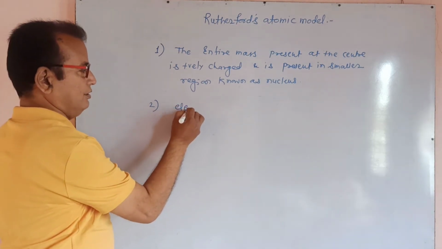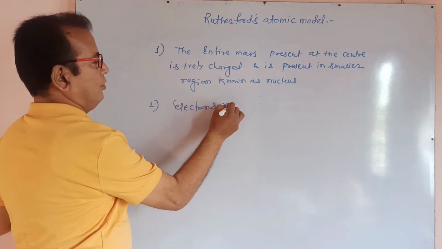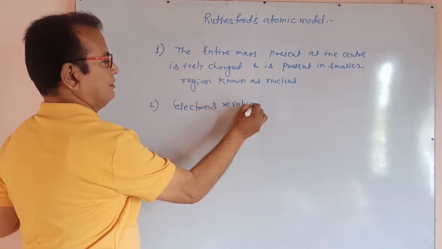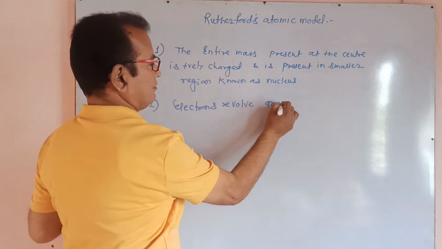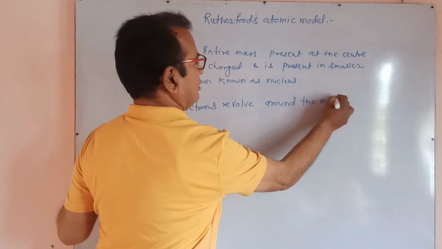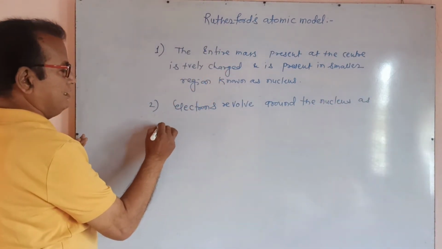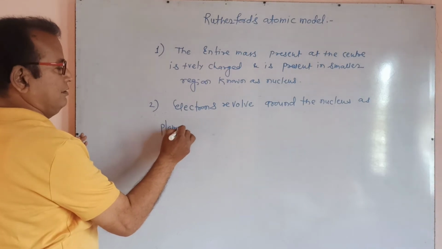Electrons revolve around the nucleus as planets revolve around the sun.